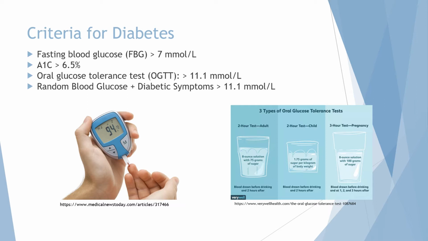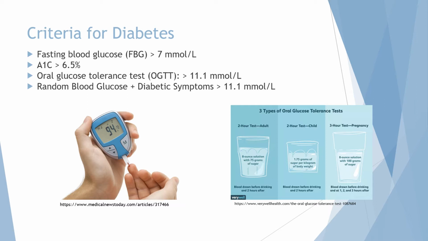Oral glucose tolerance test is a test to see if the body can maintain the glucose levels within a healthy range, even upon purposeful self-administration of glucose. In a diabetic patient, this standard quantity of oral glucose will go up greater than 11.1 millimoles per liter.